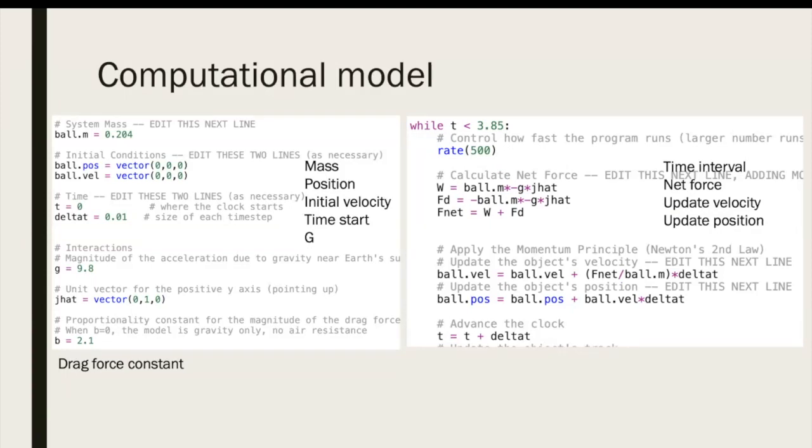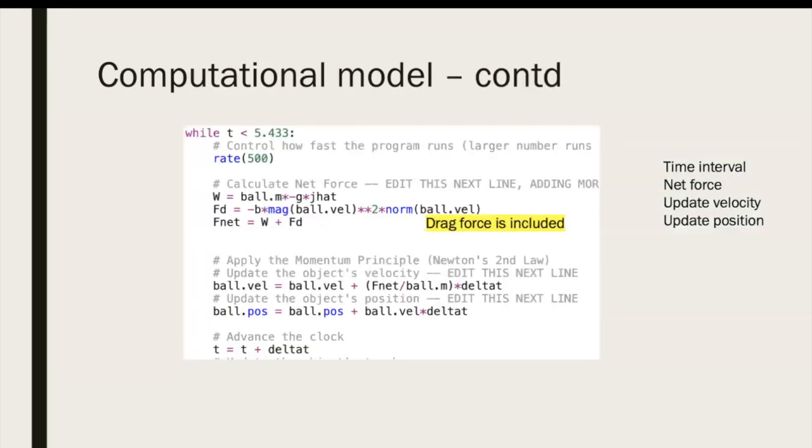Then on the right-hand side, in the first while loop, which is for the time that the slinky's top and bottom haven't dropped together, I define the time interval and also the net force, and also do the velocity and position update. And then continue with the second part, which is when the slinky falls down. It's kind of the same, but I just include the drag force in here.